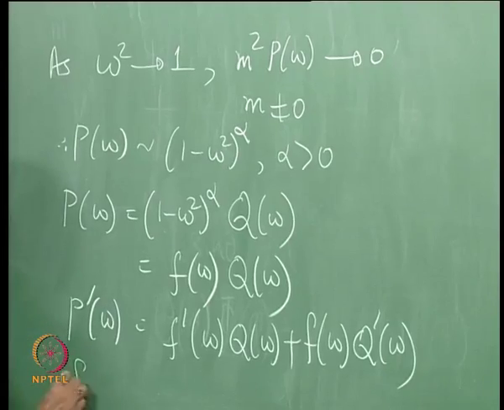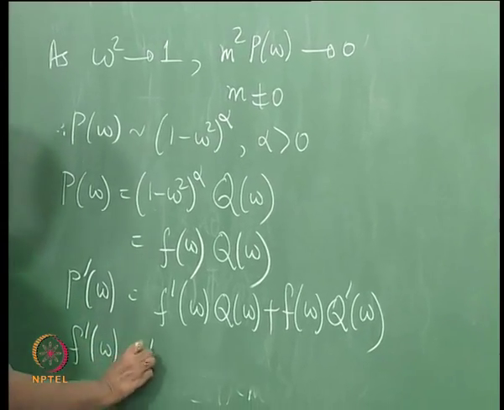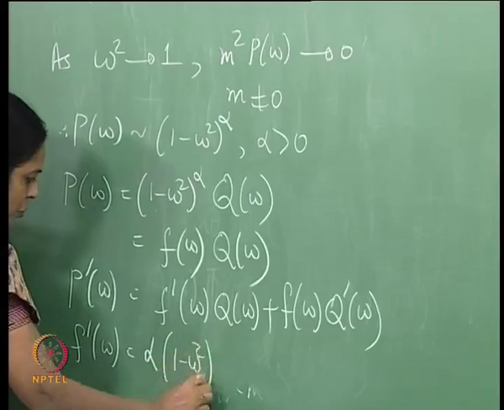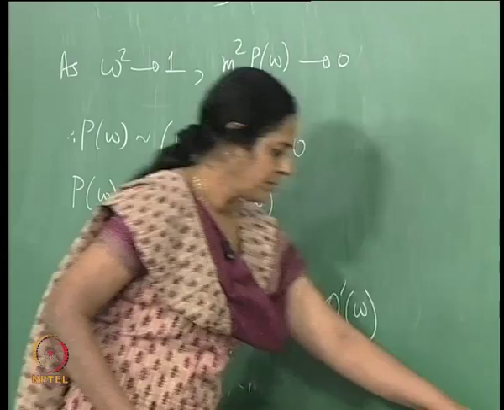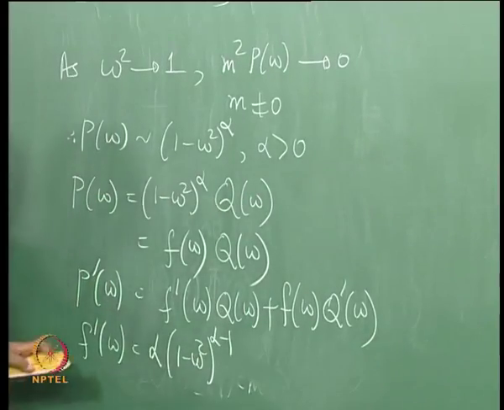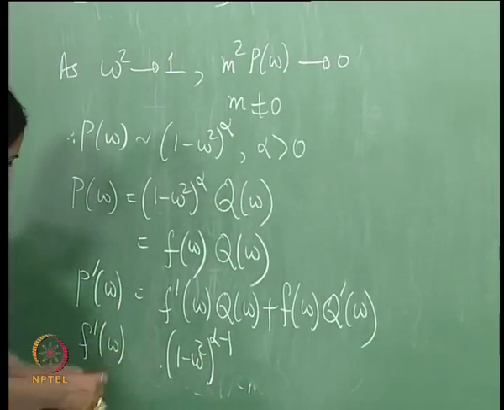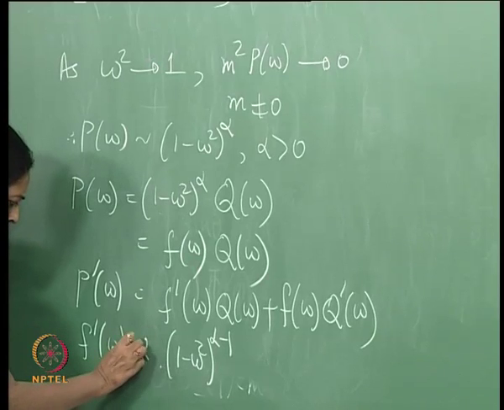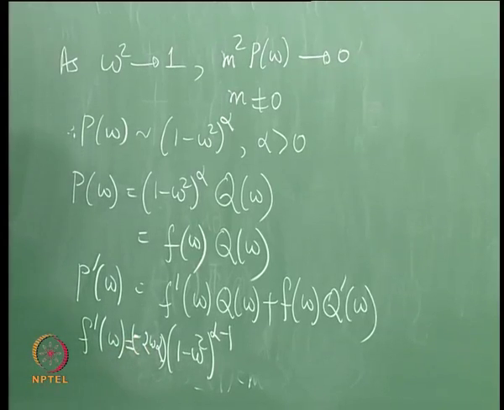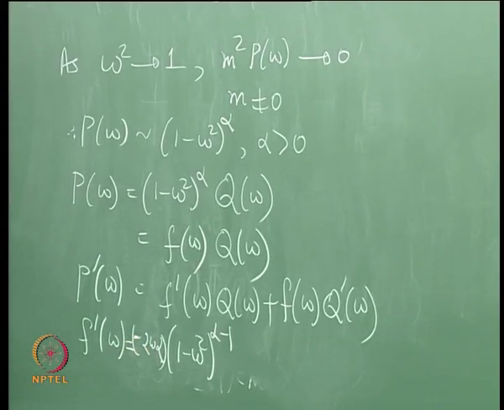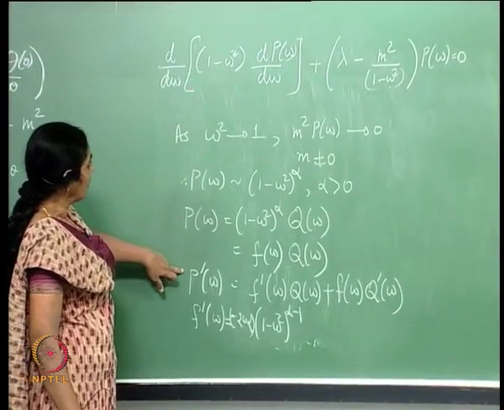So f prime of w is alpha (1 − w²)^(α−1) times −2w, sorry, so this is −2wα (1 − w²)^(α−1). This comes from p prime of w.